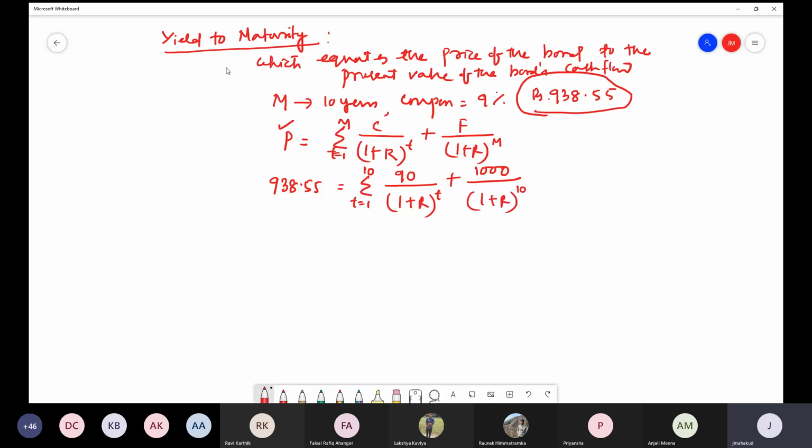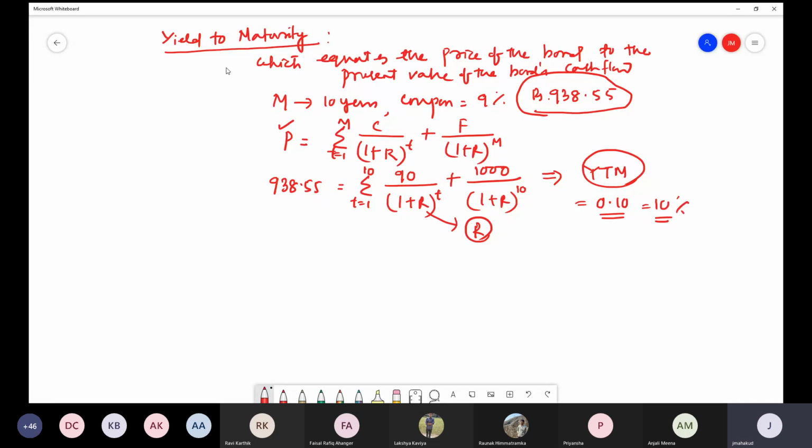From this equation, we have to find out the R. From this equation, we have to extract this R, and this R is basically your YTM or yield to maturity. So if you solve this equation, you'll find the yield will be coming 10%.